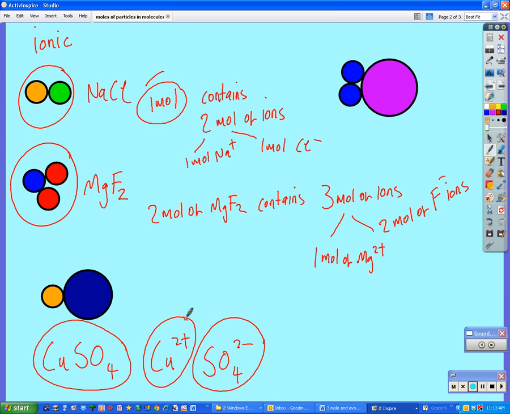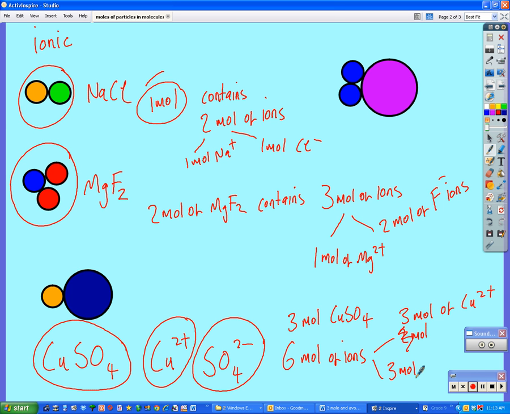So if we had, for instance, 3 moles copper sulfate, we've still only got 6 moles of ions. And 6 moles of ions made up of 3 moles of copper 2 plus and 3 moles of sulfate.